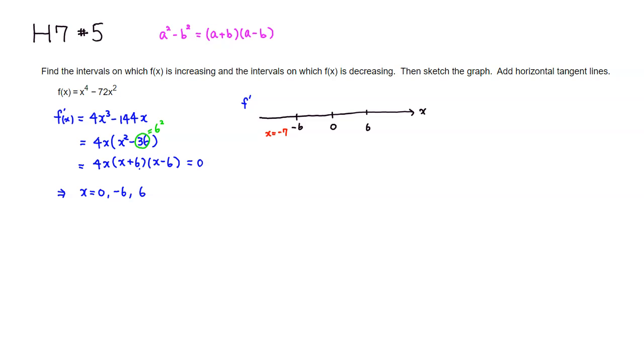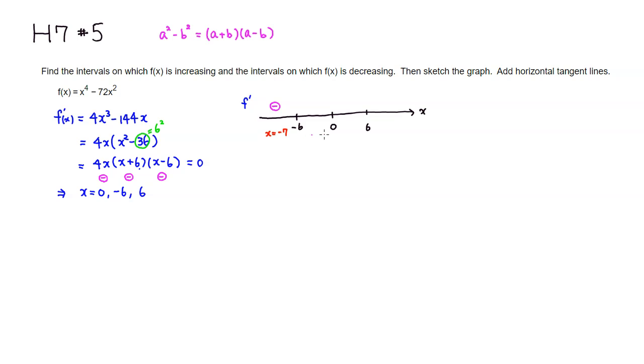If you plug in negative 7, 4 times x is negative, negative 7 plus 6 is negative, and negative 7 minus 6 is negative. Negative times negative times negative is a negative number, so it's negative here.